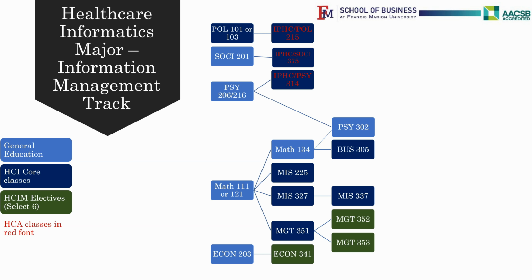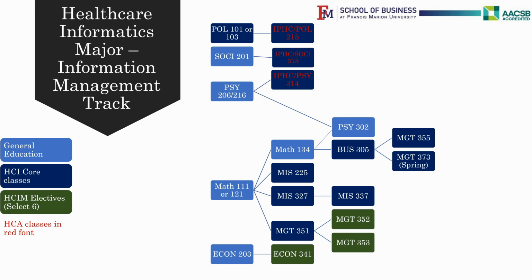Business 305, Applied Business Statistics, enhances your analytical skills, and MIS 337, Business Systems Analysis and Design, will complete your Information Systems curriculum. Once you finish Management 351, you can take Management 352, Organizational Behavior, and Management 353, Human Resource Management, as HCI electives.